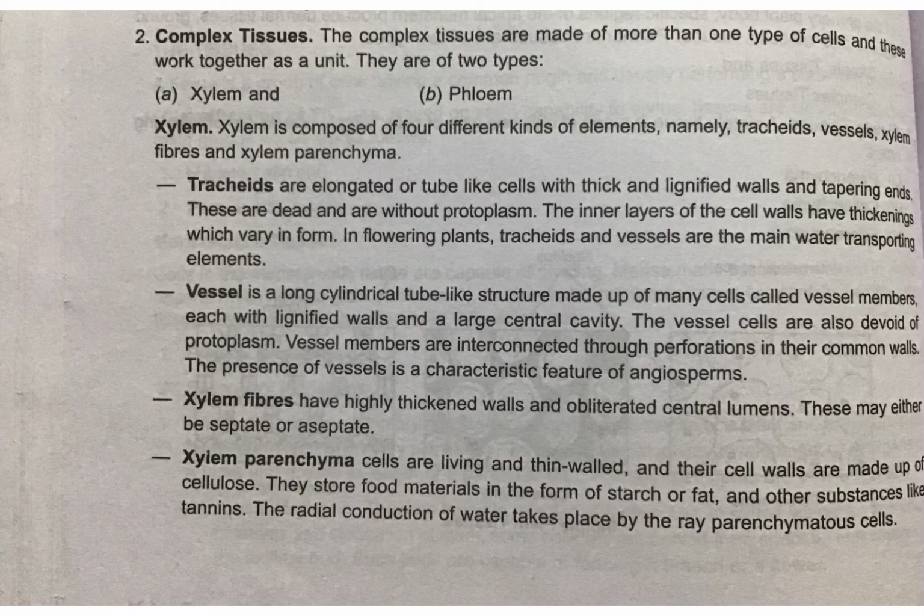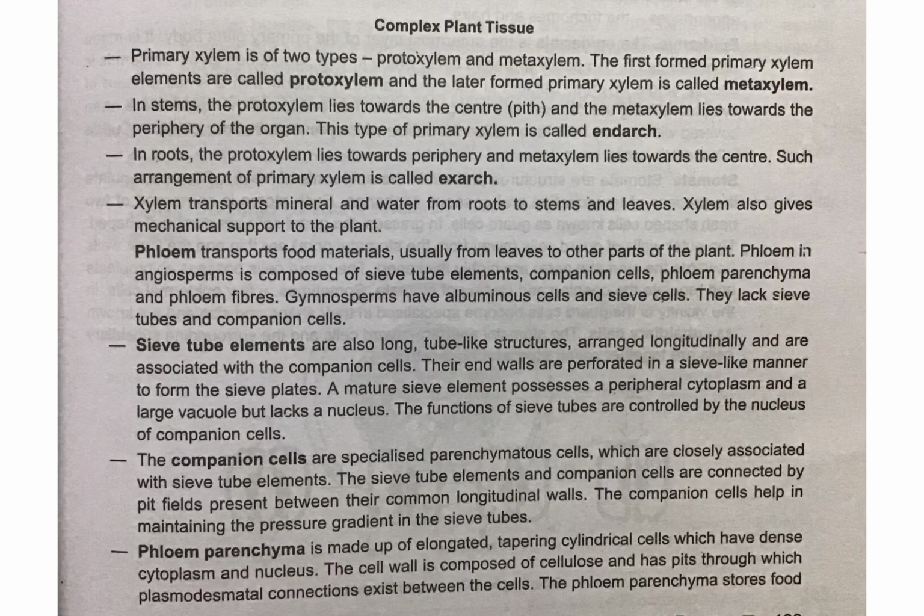Again if we revise the topic, the complex tissues xylem and phloem, और किस तरह से आपको लिखना है मैंने आपको explain किया है. Xylem is composed of four different kinds of elements: tracheids, which you have to describe, then vessels, then xylem fibers, and lastly xylem parenchyma. Whichever topic is given in our syllabus, you have to include each and every point.